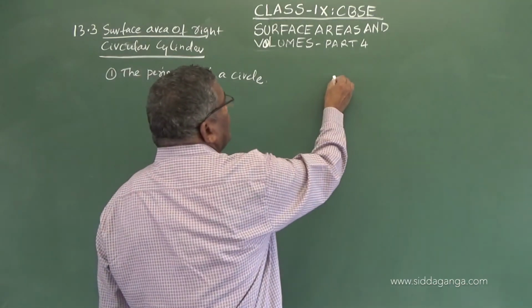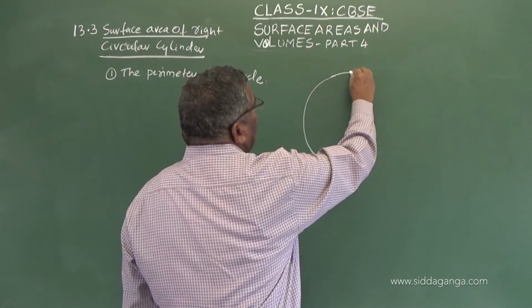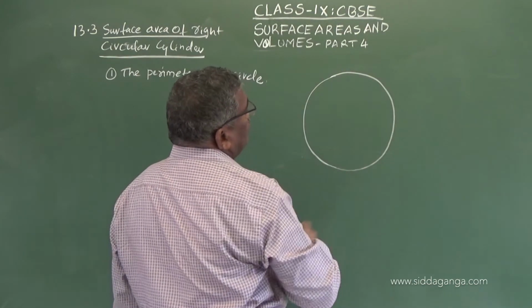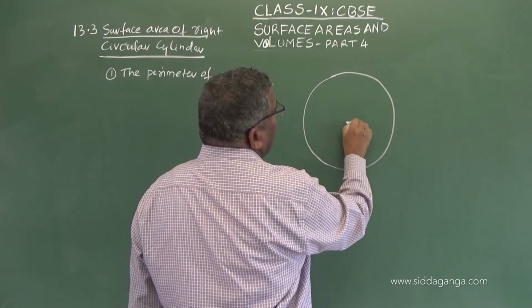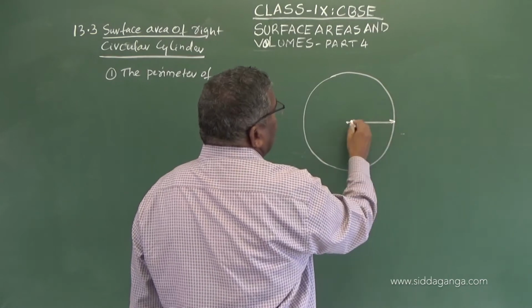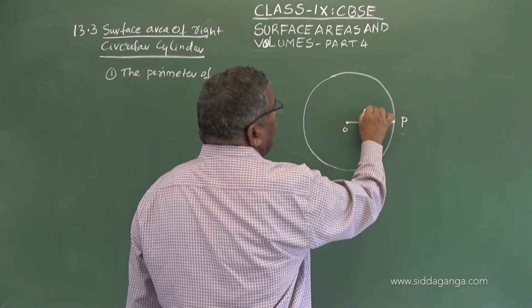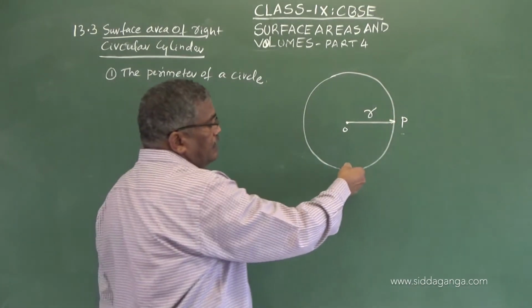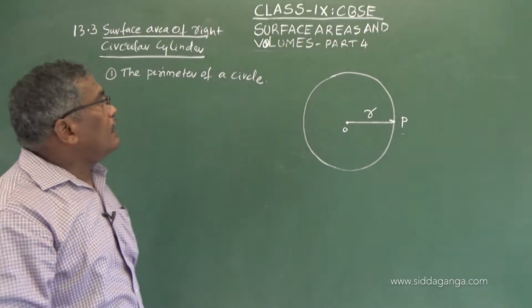Suppose if you have a circle, this is a circle, and you know this is known as the radius. This is O, this is point P, this is the radius. So perimeter is the total boundary length of a circle.